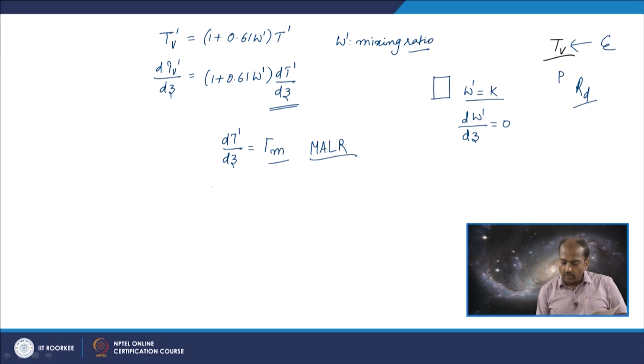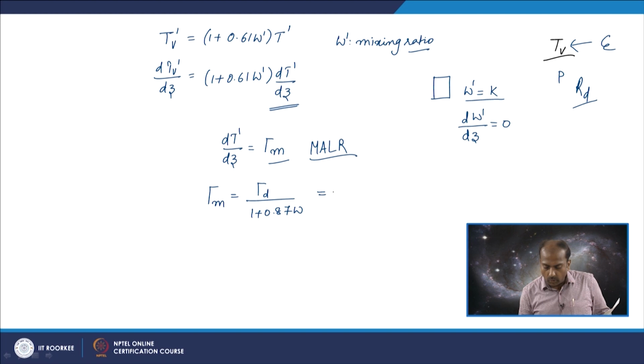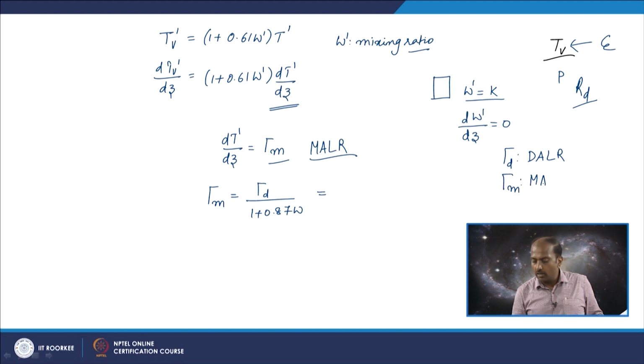From our earlier discussions, we know that gamma m can be written in terms of gamma d as gamma d by 1 plus 0.87 W, right. What is gamma d? Gamma d is the dry adiabatic lapse rate, gamma m is the moist adiabatic lapse rate, gamma s is the saturated adiabatic lapse rate. These three are different anyway, right. So, what does it mean?